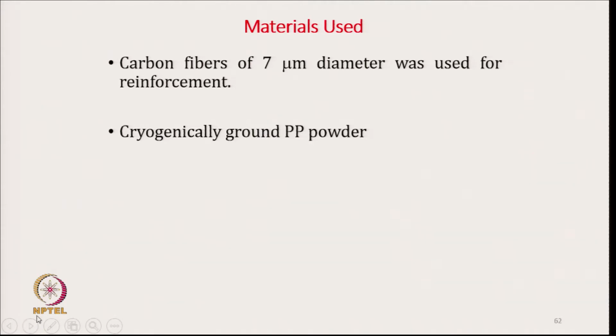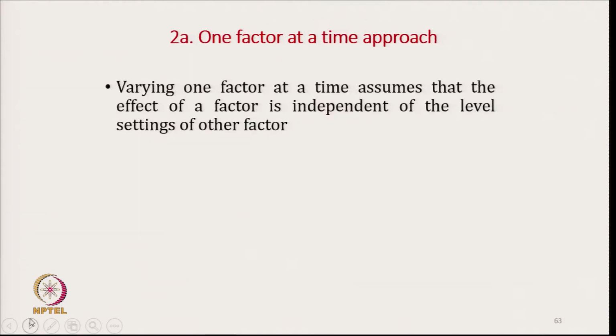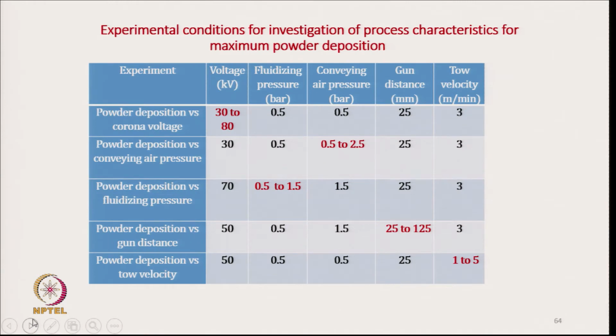As I have mentioned, we have used the 7 micron diameter carbon fiber and cryogenically ground PP powder. One parameter at a time we have varied. These are the different parameters we have used.